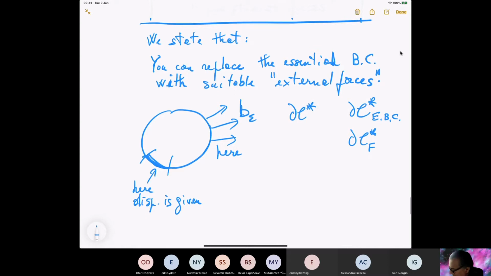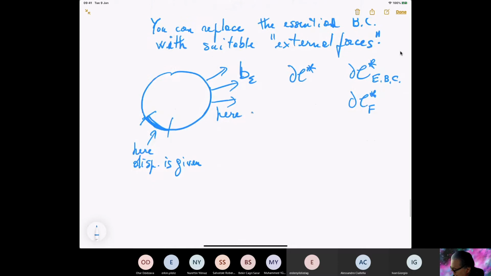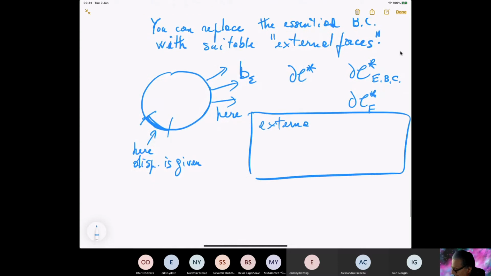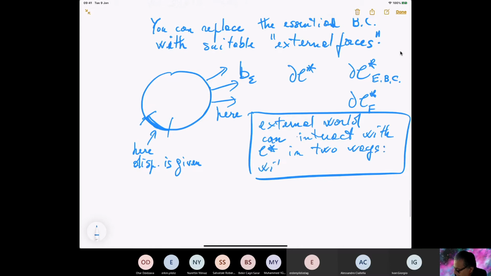So we can remark that the external world can interact with the body in two ways: with forces or blocking some material particles.